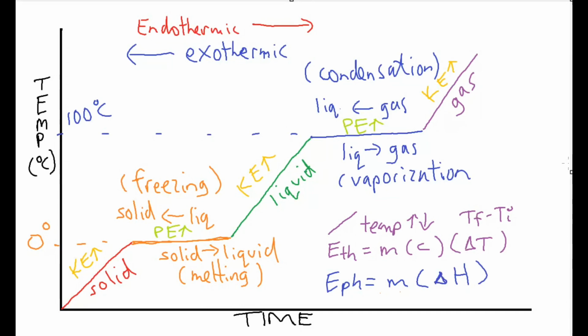The delta H values are specific to the substance. So there's a delta H of fusion for the orange portion for melting or freezing, and there's a delta H for the vaporization and condensation section. So those are called the enthalpy of fusion and the enthalpy of vaporization. Those are for the flat portions of the graph.